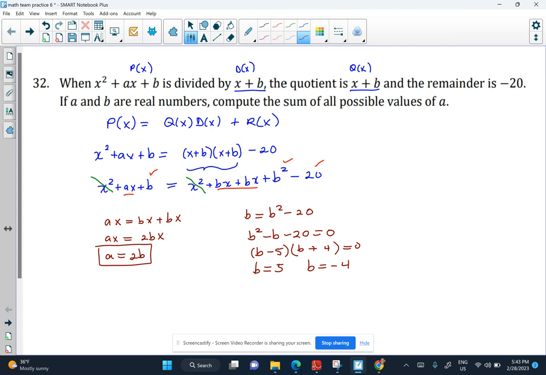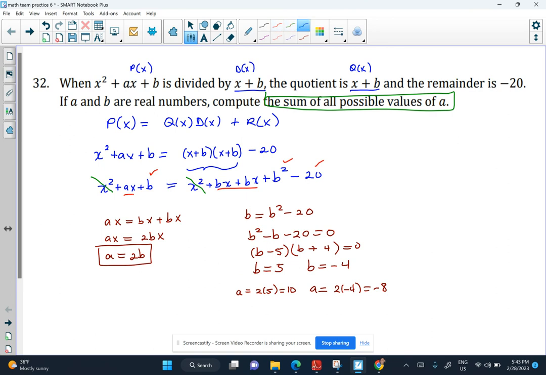Well, how does that help me? Since a is twice b, one value of a is 10, and the other value of a is 2 times negative 4, or negative 8. Our goal in this problem is to find the sum of all possible values of a.